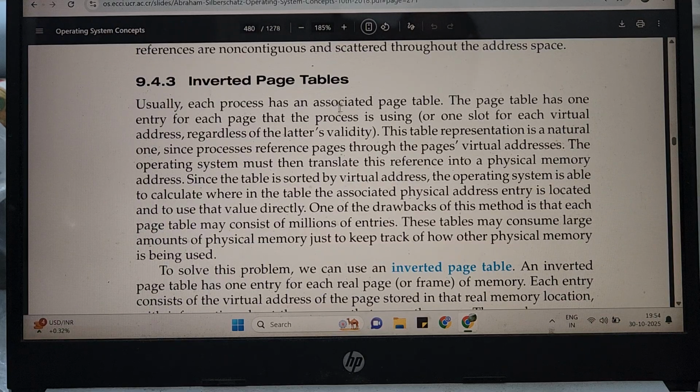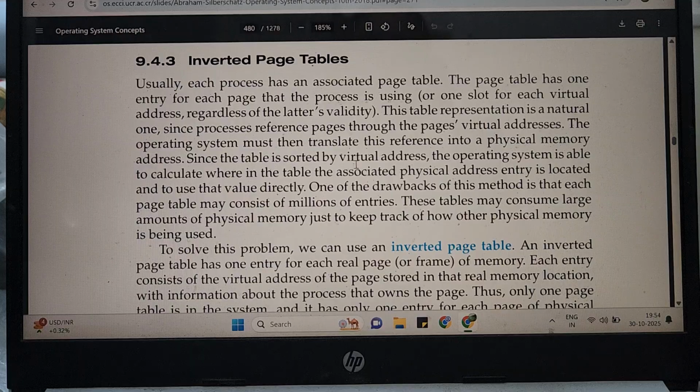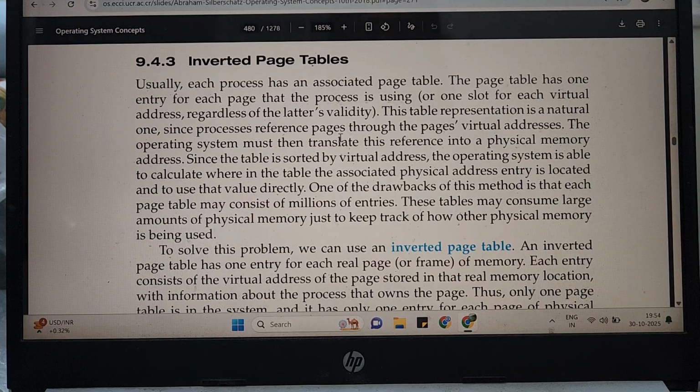Now you might ask how that makes a difference. Well, I'm sure all of you will agree that the logical memory is much bigger in size compared to the physical memory or main memory, right? Your RAM is definitely going to be much smaller than your hard disk. So if you draw a page table for every page of your hard disk, it is going to take a lot of entries, right?